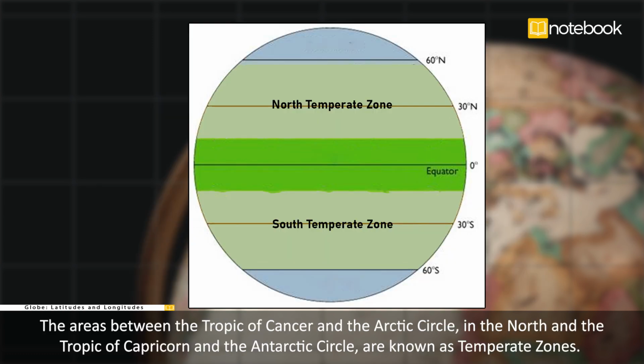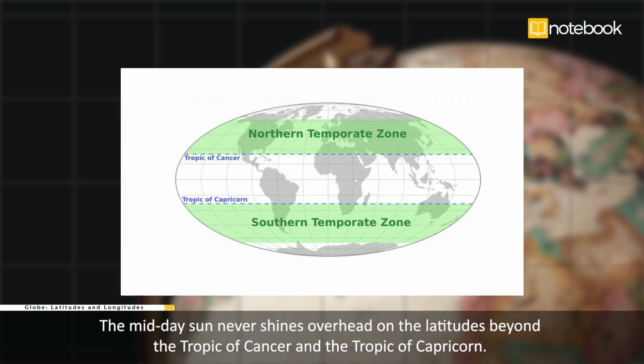The areas between the Tropic of Cancer and the Arctic Circle in the north and the Tropic of Capricorn and the Antarctic Circle are known as temperate zones. The midday sun never shines overhead on the latitudes beyond the Tropic of Cancer and the Tropic of Capricorn.